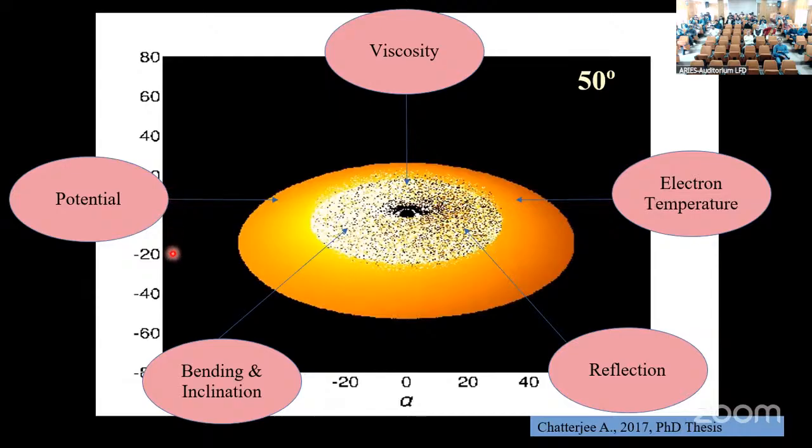So this is the first X-ray image, a simulated synthetic image of a black hole. Before that there were no X-ray images where you have spectral and temporal counterparts. Synthetic images, of course.